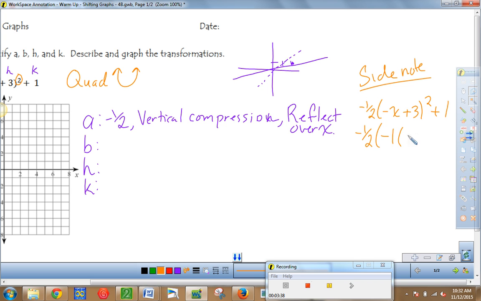When you factor something out, you're just dividing it. It would change this to an X minus 3, right? And these are being multiplied together, yes? So that means I can put my squared with this guy, and I can put my squared with this guy. What's negative 1 squared? That's one.